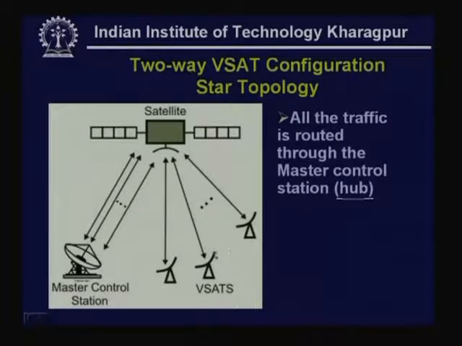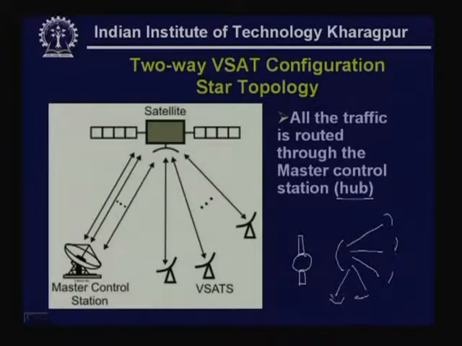So, in this case, the configuration is somewhat like this. This is your satellite. Then you have got your hub, and you have got a number of VSAT antennas. So, it is like a star.